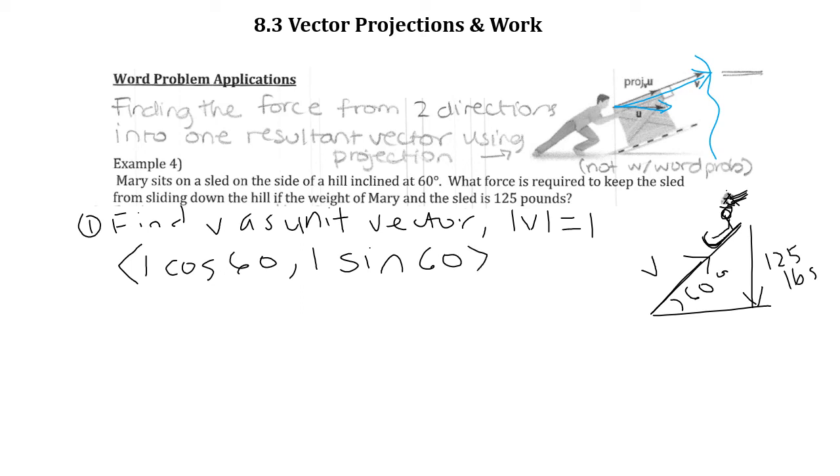So we are finding this unit vector, and this equals 1/2, square root of 3 over 2, from our trig unit and the unit circle. We're going to use decimals, so most of the time they're not going to be like 60, 30, 45 degrees, so you're just going to get decimals, which is fine. All right, so this is our unit vector V, because it's not the actual V we're looking for.